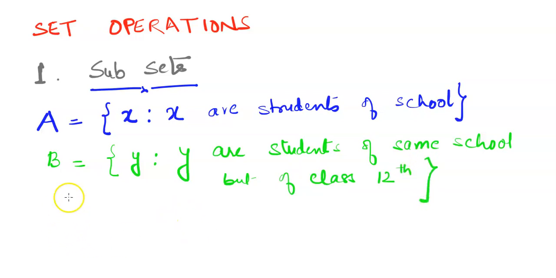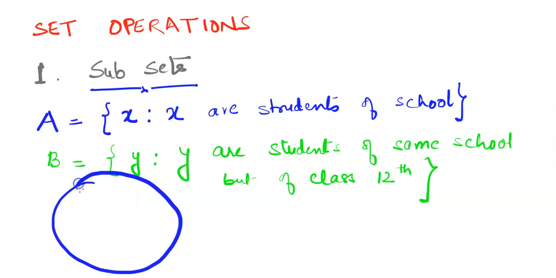So we say there is a big set A, which is basically all students in the school, and then there is a set B, which is all students in class 12. B belongs to A, it is contained in A, because they are students of the same school, but only class 12.